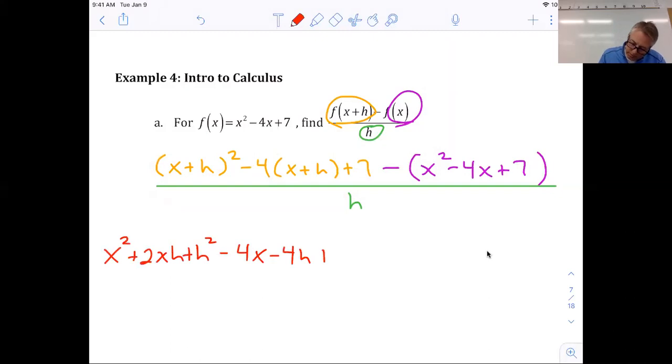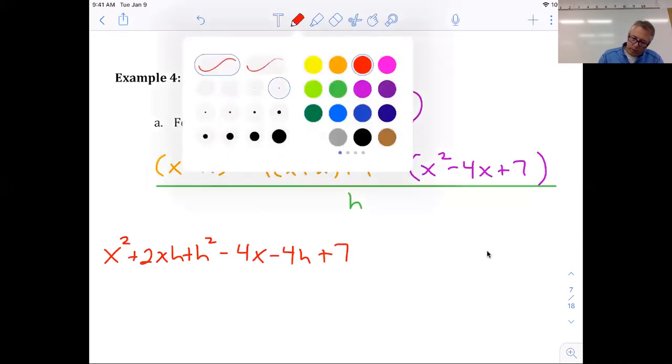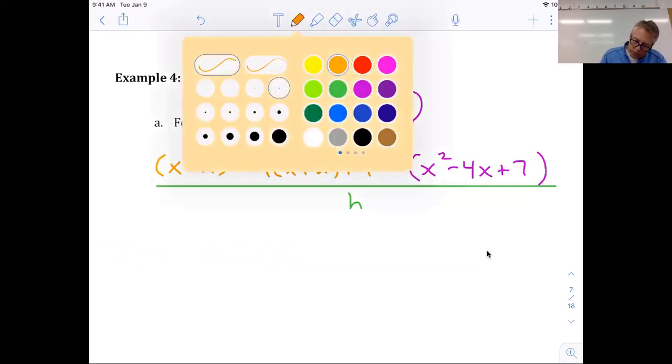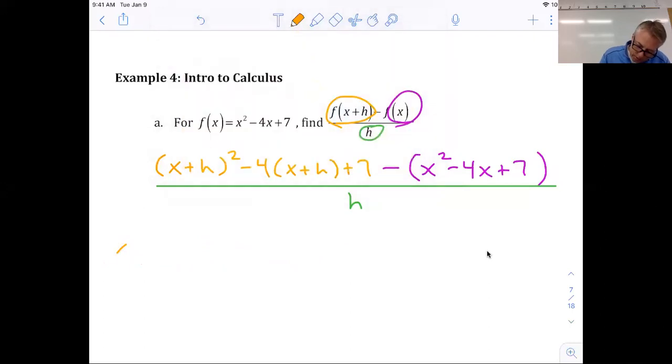And then plus 7. In fact, maybe I'll go back and rewrite those. Might as well write them in orange as long as I'm color coding here. So that was x squared plus 2xh plus h squared minus 4x minus 4h plus 7.